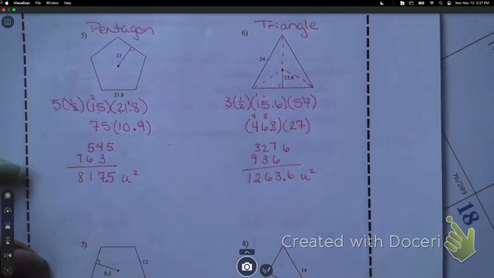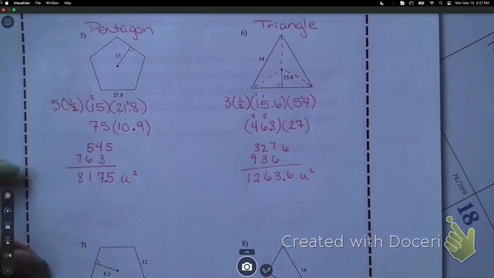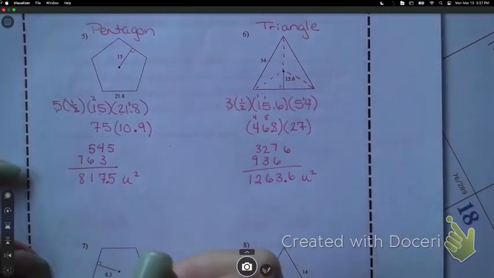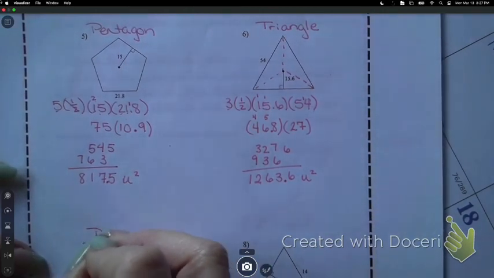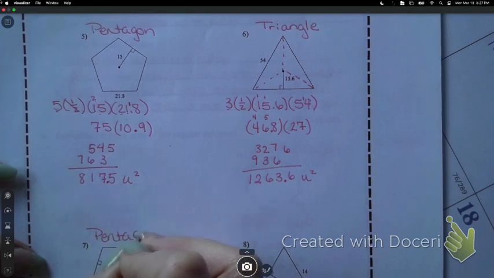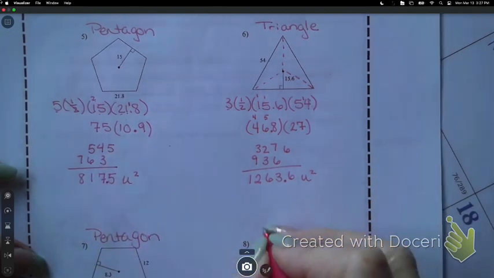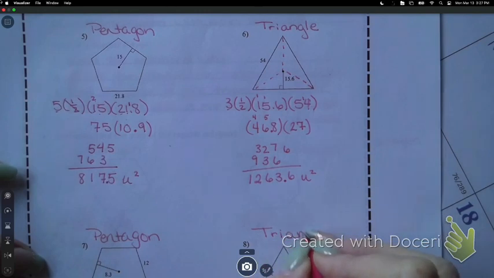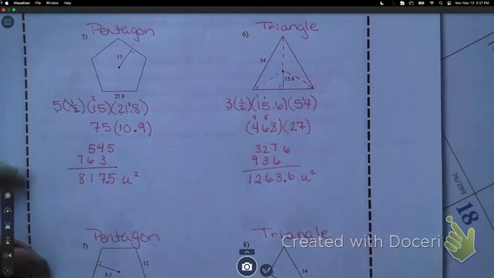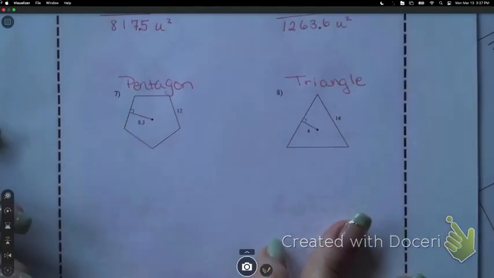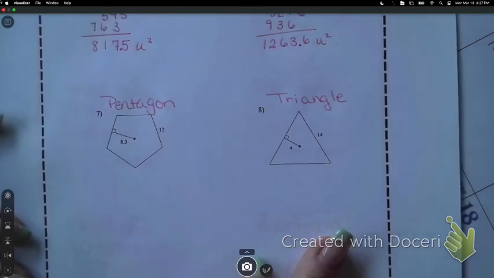Name them and everything. Sarah, did you get it? Yeah. Okay.